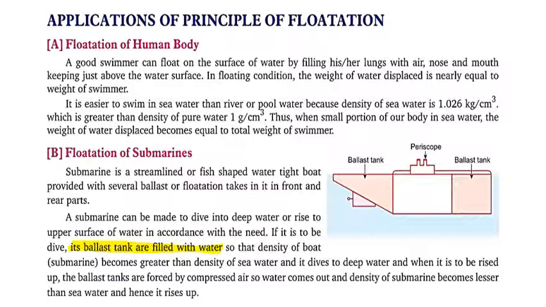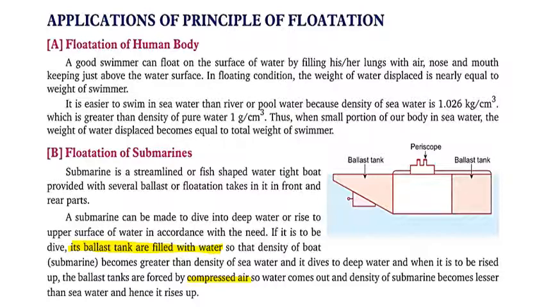Now, what happens when we want the submarine to come to the surface of the water? We force out the water from these ballast tanks. This will require compressed air. The ballast tanks are forced by compressed air, so water comes out and the density of the submarine becomes lesser.